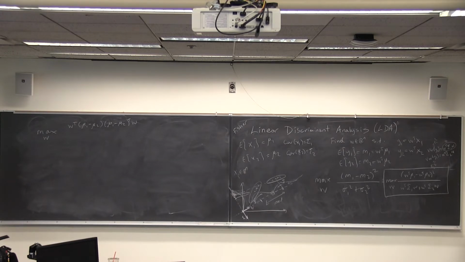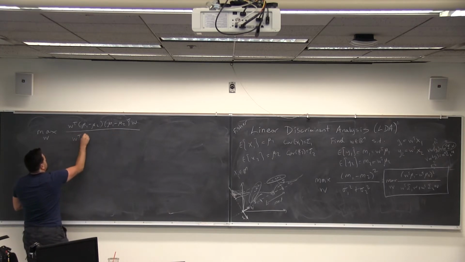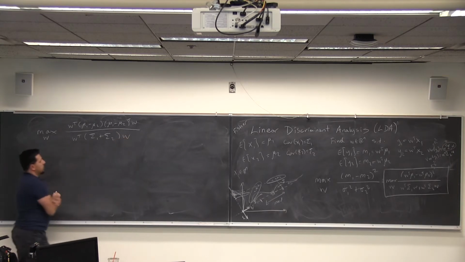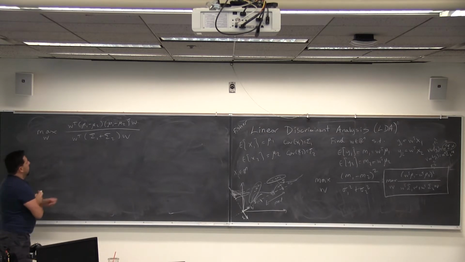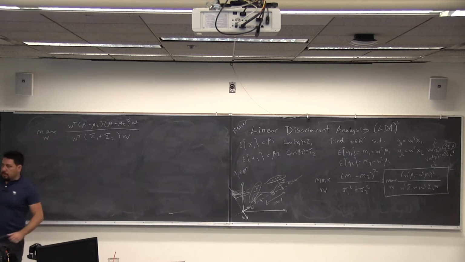In the denominator, we can take W transpose and W out from left and right, so we'll have W transpose, sigma 1 plus sigma 2, W. So that's my objective. Here I don't have any constraints on W because both numerator and denominator are quadratic in W. If I scale W by 5, for example, they both get scaled by 5 squared, so those scale factors cancel each other out. I don't need to worry about the length of W contaminating my choice.